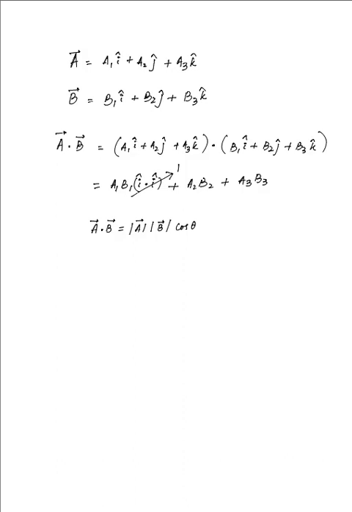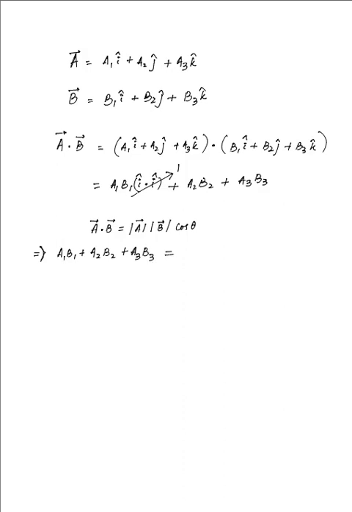So we can just put those values over here to get the value of theta maybe. So a1 b1 plus a2 b2 plus a3 b3, which is what we have obtained for A dot B.